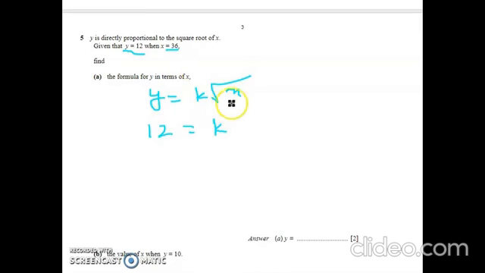That makes it under root 36, which is 6. So my K is 2. So the formula will be Y is equal to 2 under root X.